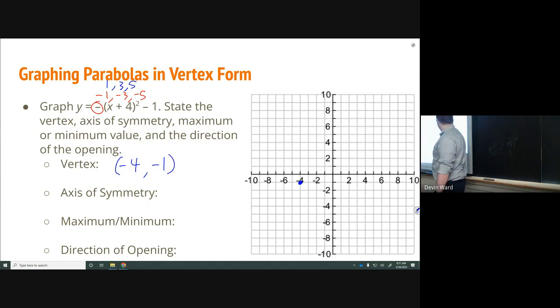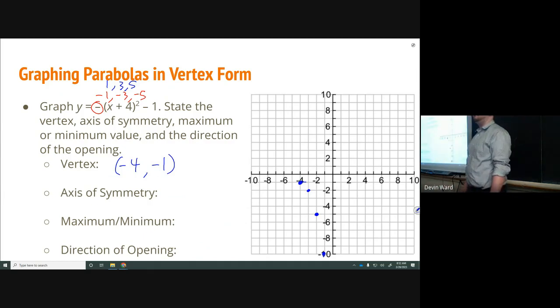Start at your vertex, go 1 to the right, but now I'm going down 1. Then 1 to the right, down 1, 2, 3. Then 1 to the right, down 1, 2, 3, 4, 5. Bring this right to the bottom.